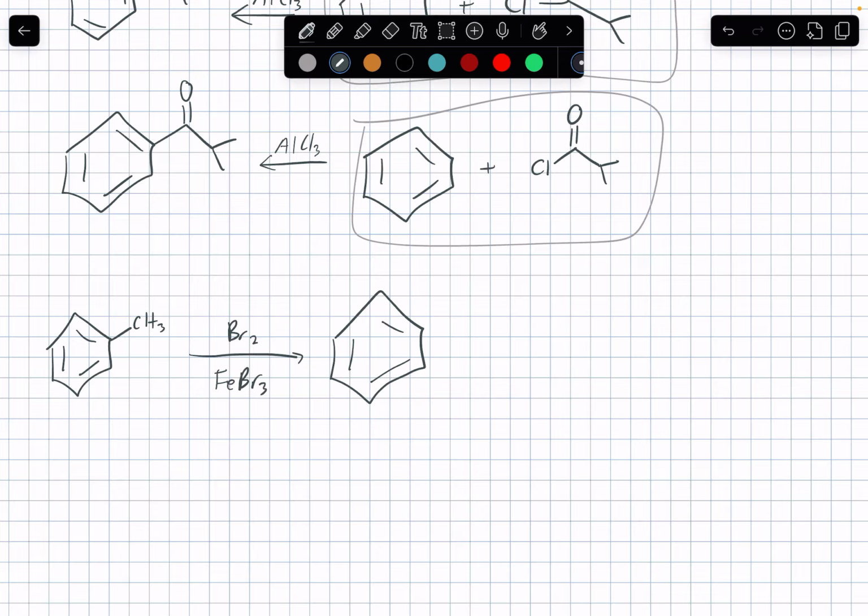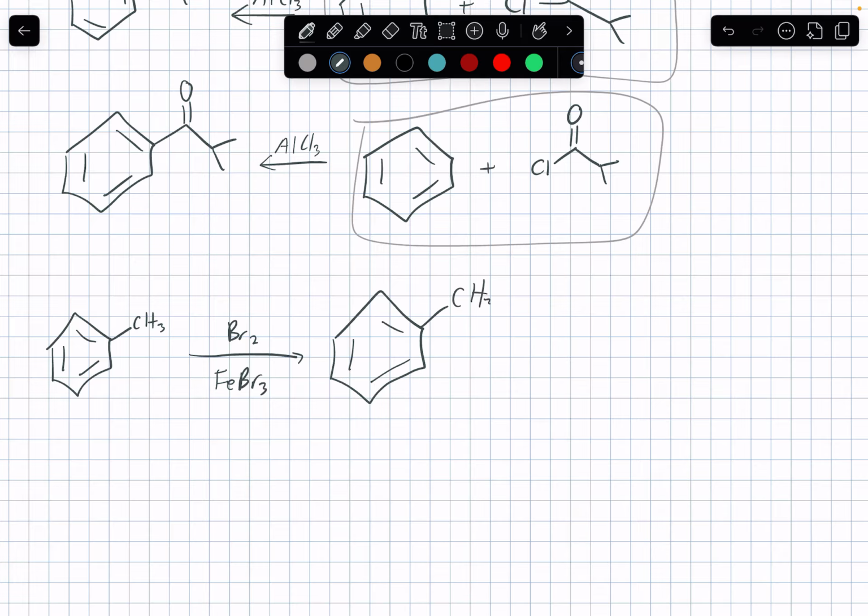There is a table for this. CH3 happens to be one of the activating groups. Rather, it's an ortho para director. What's that supposed to mean? I'll discuss in a while. Just know that CH3, or basically our group, is an ortho para director.